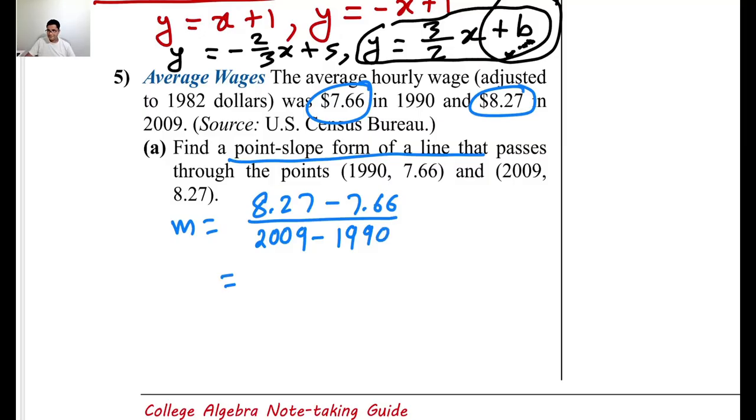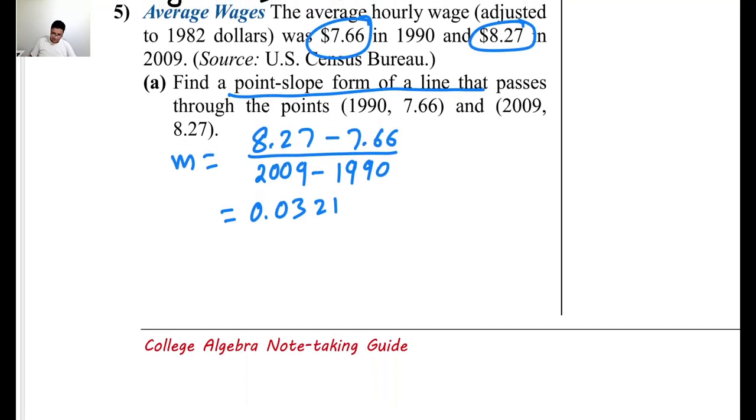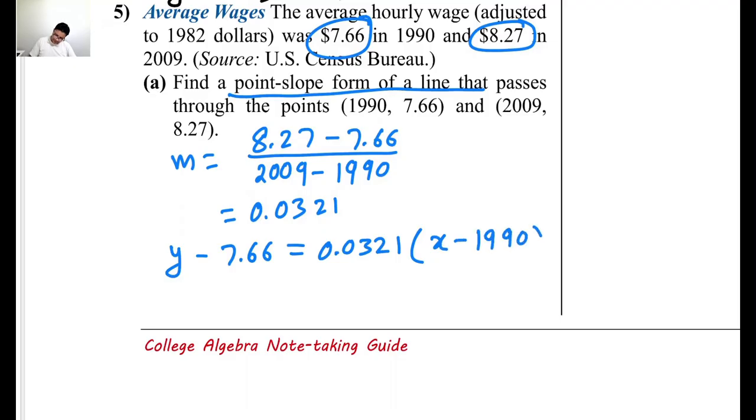The slope I calculated to be 0.0321, and now your point slope form would be, take any one of the points, let's say y minus 7.66 equals 0.0321 times x minus 19. That would be the equation.